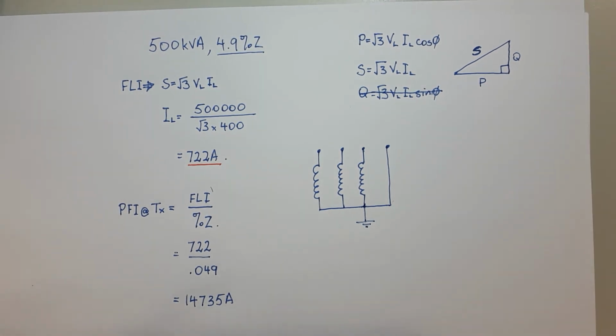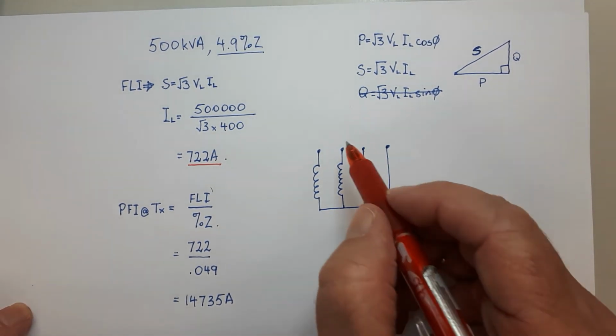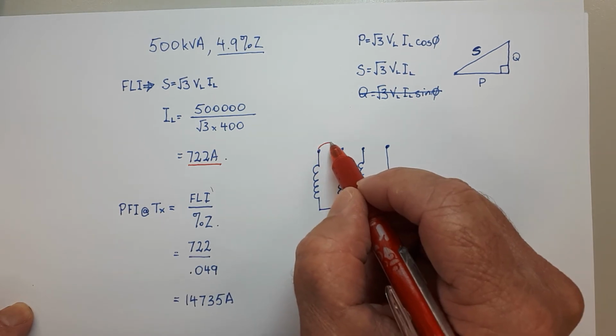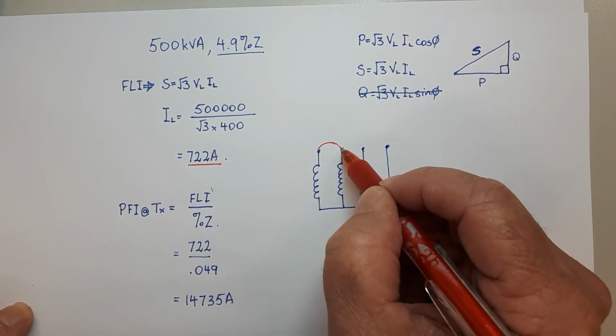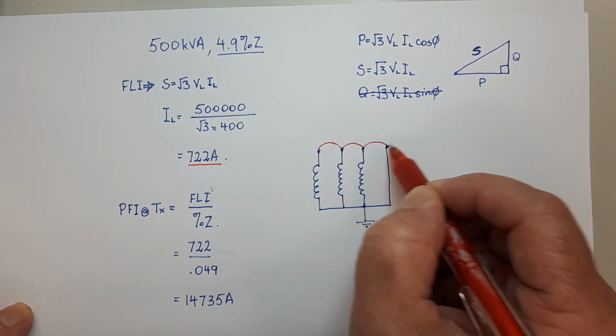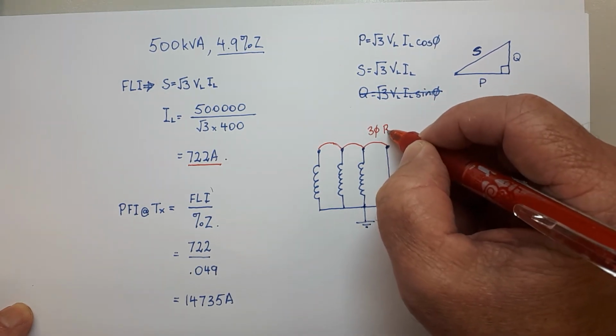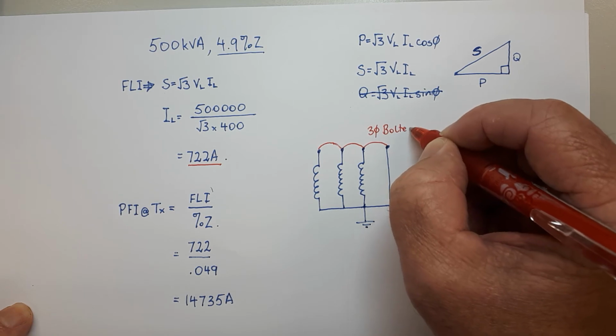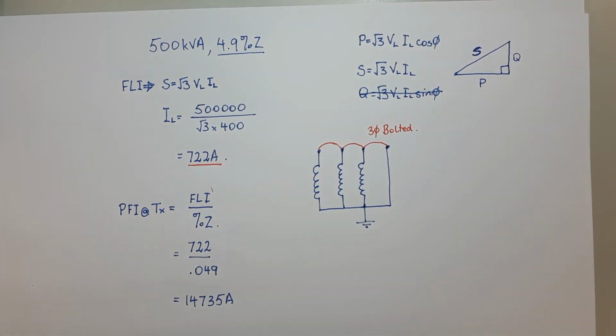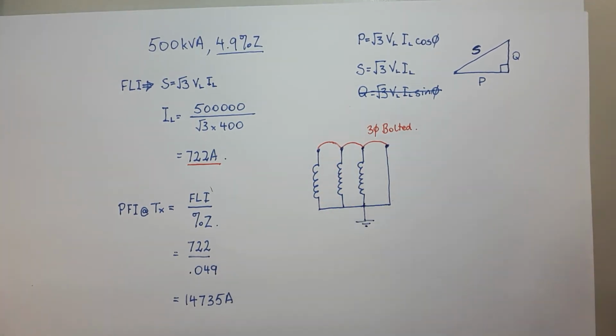What we're looking at for a prospective fault current is a fault across three phases, a three-phase bolted fault right at your transformer. We want to know how much current is going to be going through each of these windings.